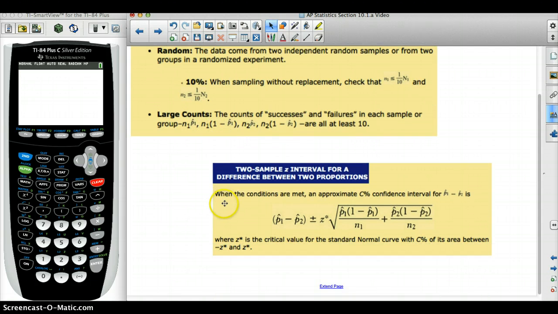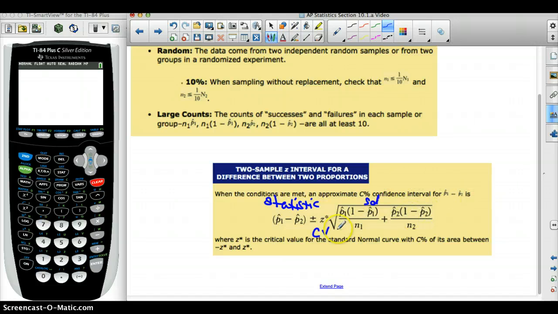Okay, that will lead us into our two sample z interval for a difference between two proportions. When the conditions are met, we can find an approximate confidence interval at the confidence level that we want to use, and here we have our formula for it. So remember that p1 hat minus p2 hat is just your statistic. We're going back to using z as our critical value, and then this square root here is finding the standard deviation of our proportions.